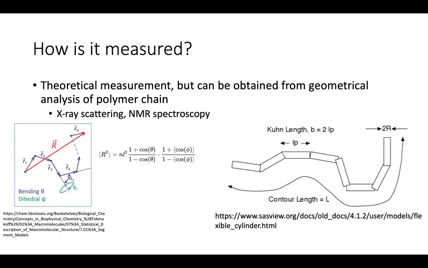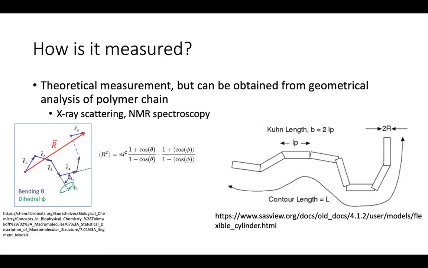So how is it specifically measured? It is a theoretical measurement, but it can also be obtained from geometrical analysis of polymer chains using X-ray scattering or NMR spectroscopy, for example. On the bottom left, one of these techniques can be used to determine the dihedral angle associated with a polymer chain.